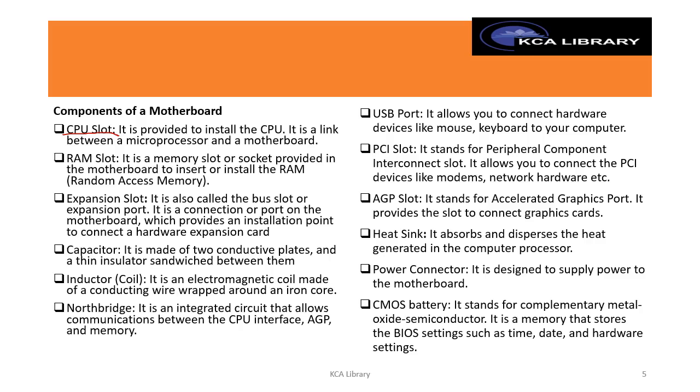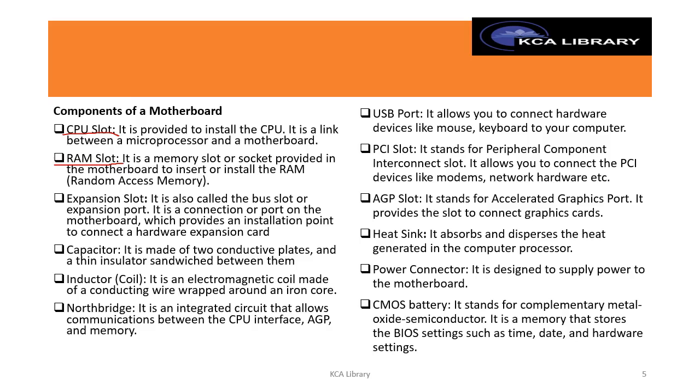If you have a CPU, just come and replace it. It is a link between the microprocessor and the motherboard. We also have the RAM slot. If you want to upgrade your RAM, there is a slot. You buy your RAM, then you come and insert it.